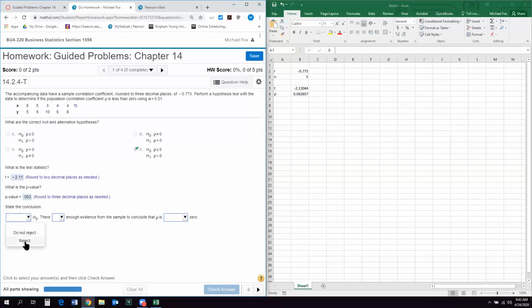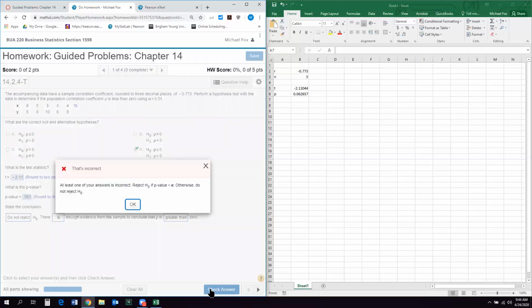And so I think that means that it is not as extreme as the alpha of 0.01. But I always get this confused. So let's just try it here. We're gonna not reject it because there's enough evidence to conclude, watch, it's gonna be wrong, is greater than.